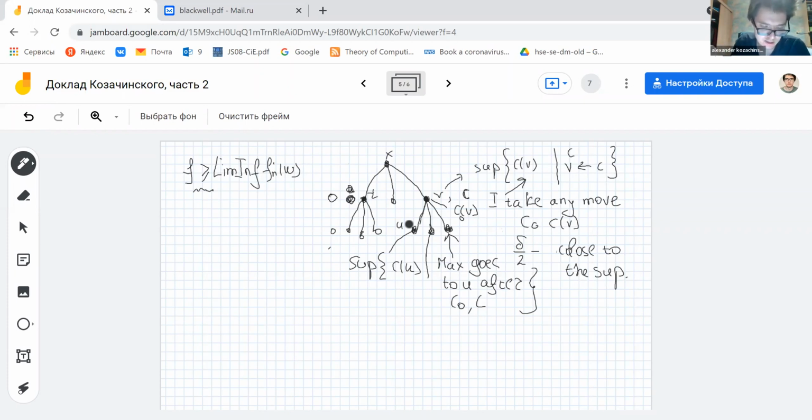Then there must be a response to it: some child to which Max goes in response to this tuple of Min. But since in this tuple we assign to this node something larger than the supremum for the corresponding child, this contradicts the definition of this supremum.